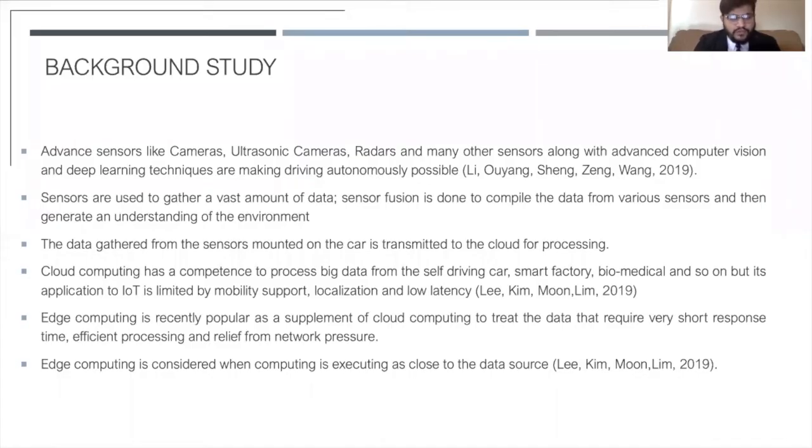So the approach for the project, when I started researching into the project, the things which I found out from my study, you can see it as a background study, is that many advanced sensors are being used for autonomous navigation, like autonomous driving. Sensors like cameras, radars, and many other computer vision techniques are also implemented with these sensors, and then autonomous driving is successfully performed in any given environment.